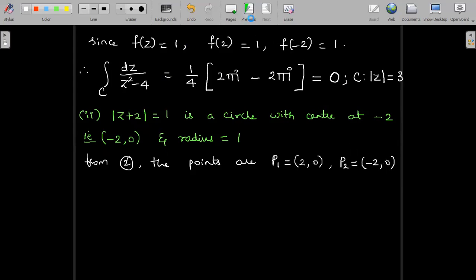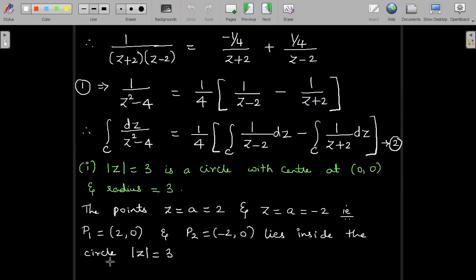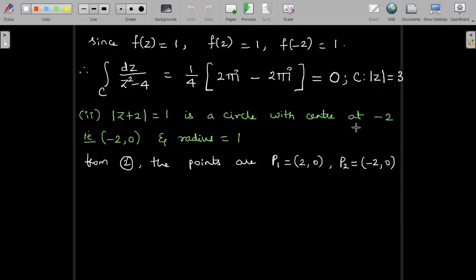They were the points, right? P1 is 2, 0 and P2 is equal to -2, 0. So here the center is at -2, 0. So let us denote center by capital A for convenience, -2, 0.